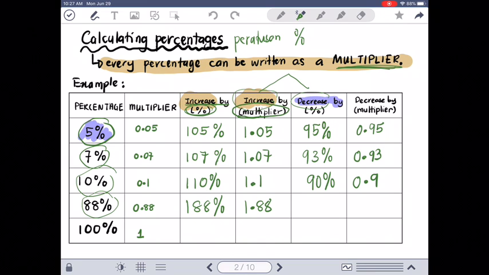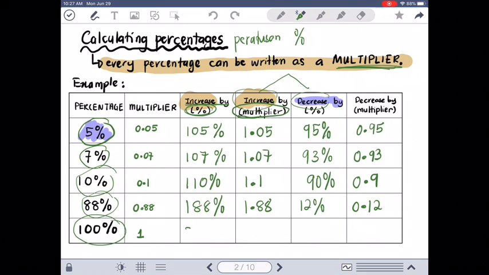Decrease by 88% means that we need to check 100 minus 88, you should get 12%, and its corresponding multiplier is 0.12.